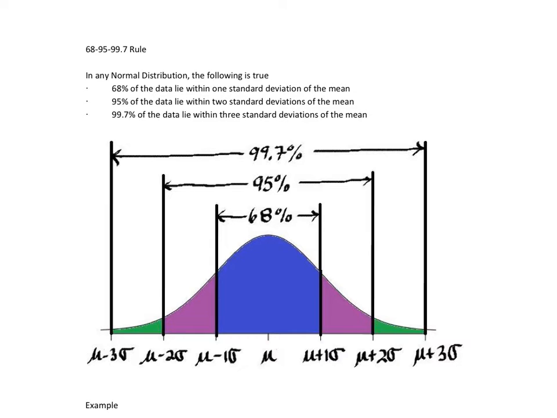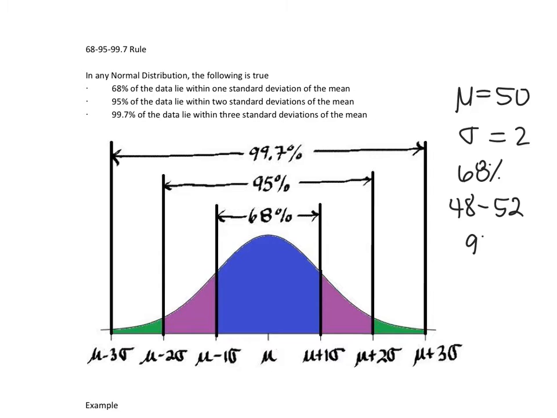If I wanted to look at an example, let's say we have a mean of 50 and a standard deviation of 2. 68% of my data lies within 1 standard deviation above and below the mean, so that's 48 to 52.